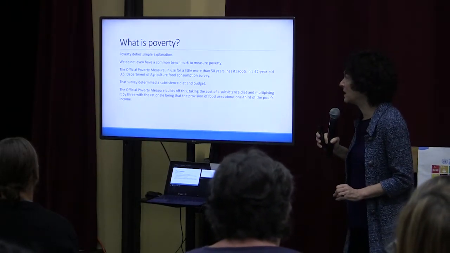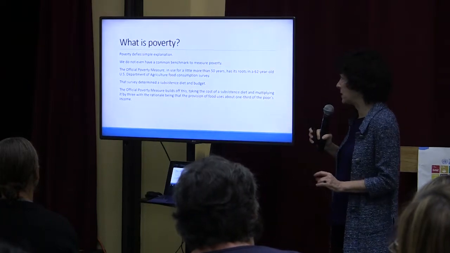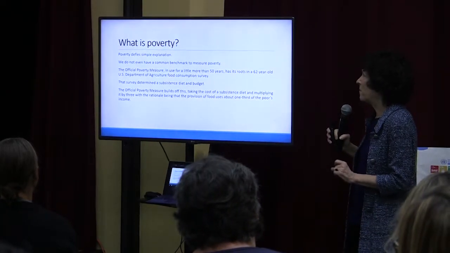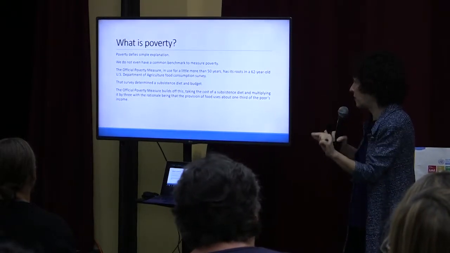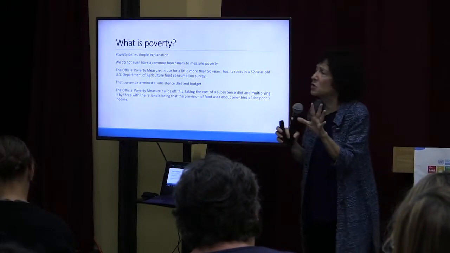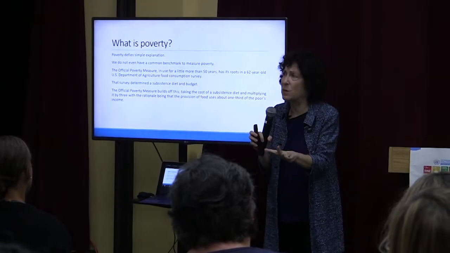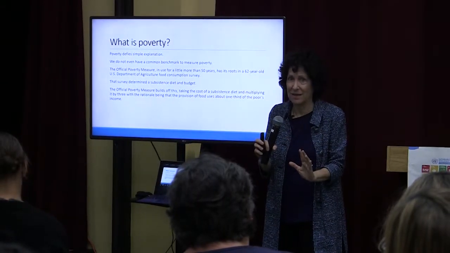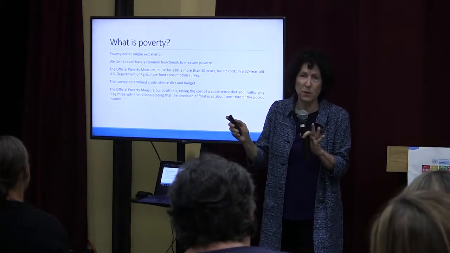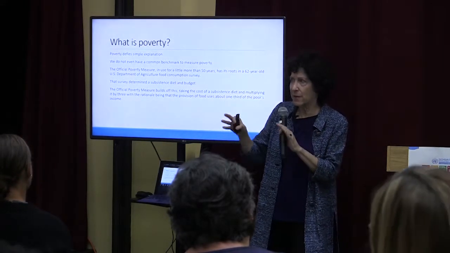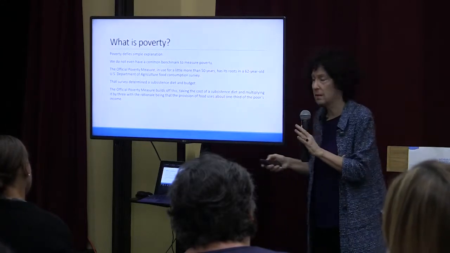The survey determined a subsistence diet and budget. And then the official poverty measure takes off this. Now, I was trying to figure out the easiest way to explain what I'm still figuring out. So see if you can follow this next thing, because this is not my area of forte, like economic breakdowns. This is not my thing.